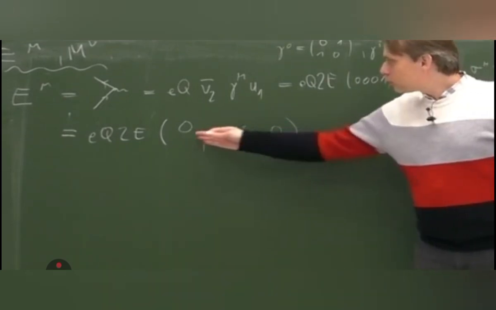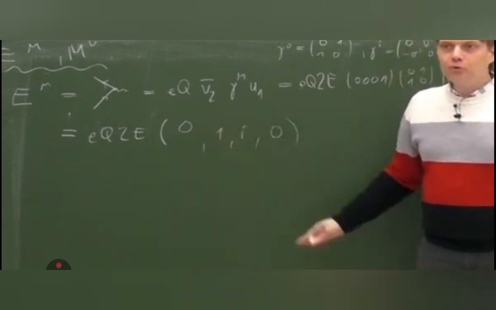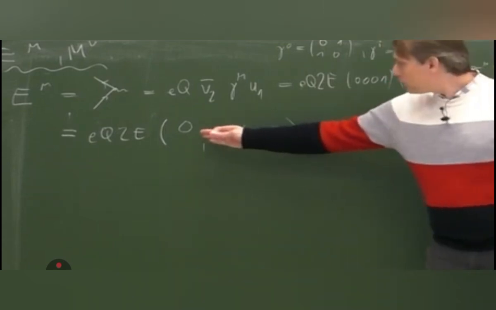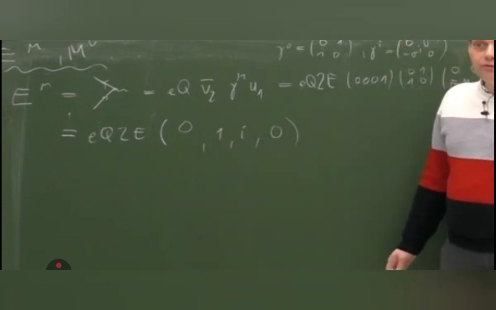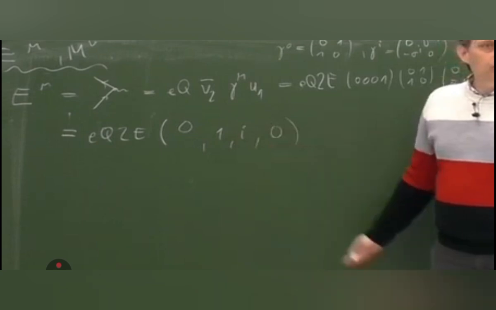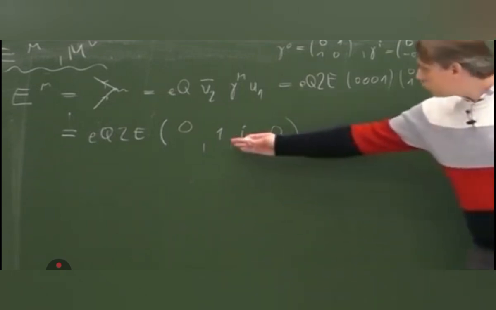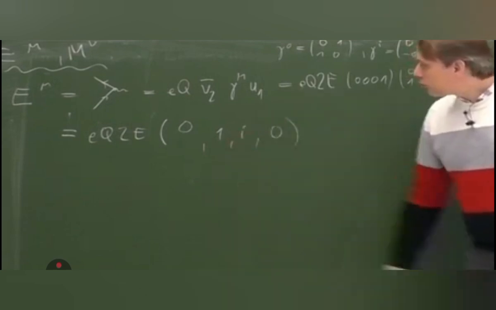And that is actually a beautiful form, because have you seen such a 4 vector before in your life? I hope yes, because that is exactly the polarization vector of a circularly polarized electromagnetic wave.